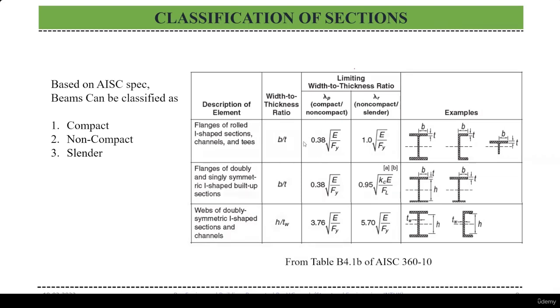Basically, these compact, non-compact, and slender sections are based on these parameters only. Though they have not provided any particular definition, we can understand from practical observation that the compact section will have wider flanges with lesser depths, whereas the non-compact section will have the web depth just over the flange width of the plate, whereas the slender sections will have longer webs with limiting width of the flanges.